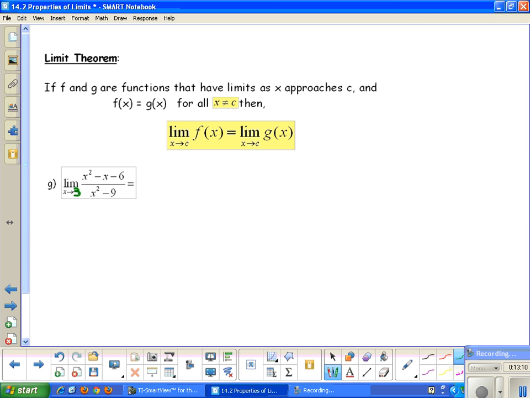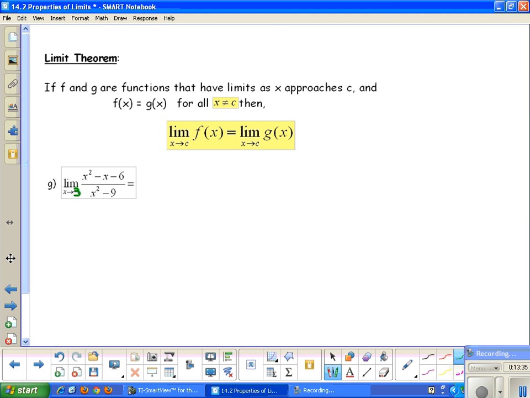So if we want to find the limit as x approaches 3 for this function, well, let's try it. So 3 squared minus 3 minus 6 over 3 squared minus 9. Well, notice right here, I get 9 minus 9, which equals 0, but we can't divide by 0. Because of that, I can't just plug in 3 to get my answer. I'm going to have to use some other techniques, such as some algebra.